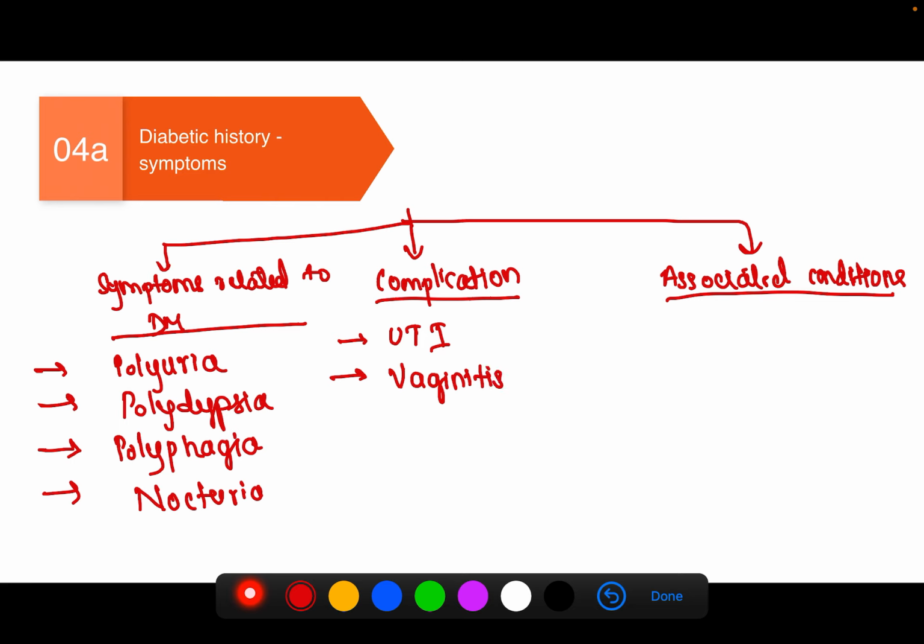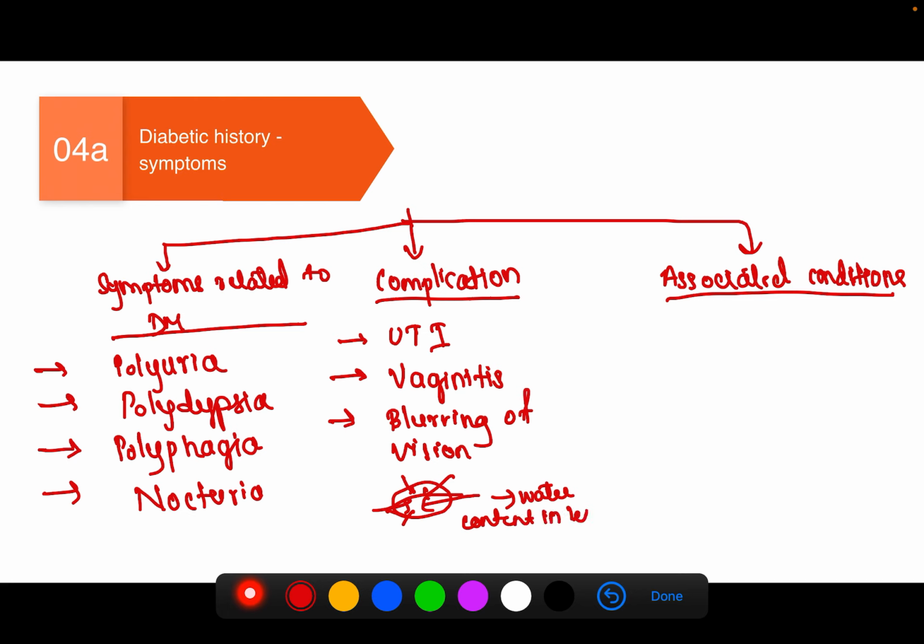Then they might also tell you about blurring of vision. What happens when the glucose levels are high? The lens accumulates more water. The water content in the lens alters, and this can lead to blurring of vision.